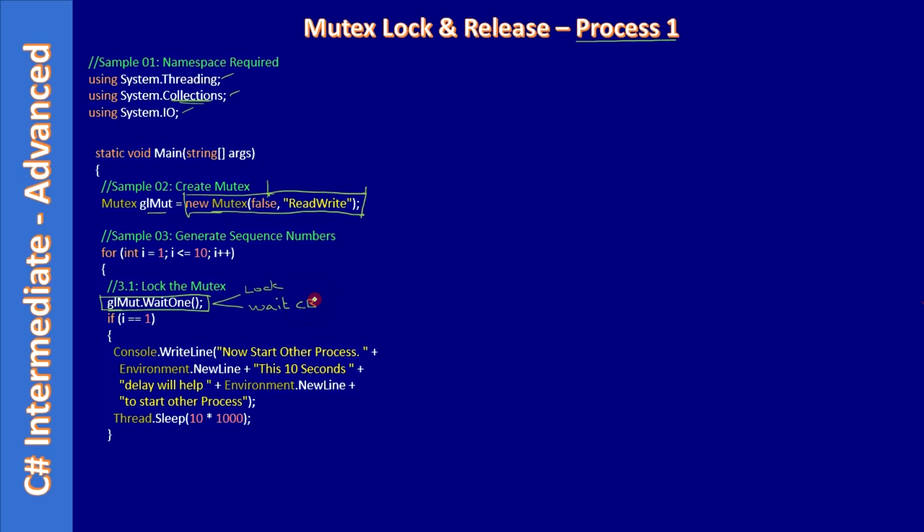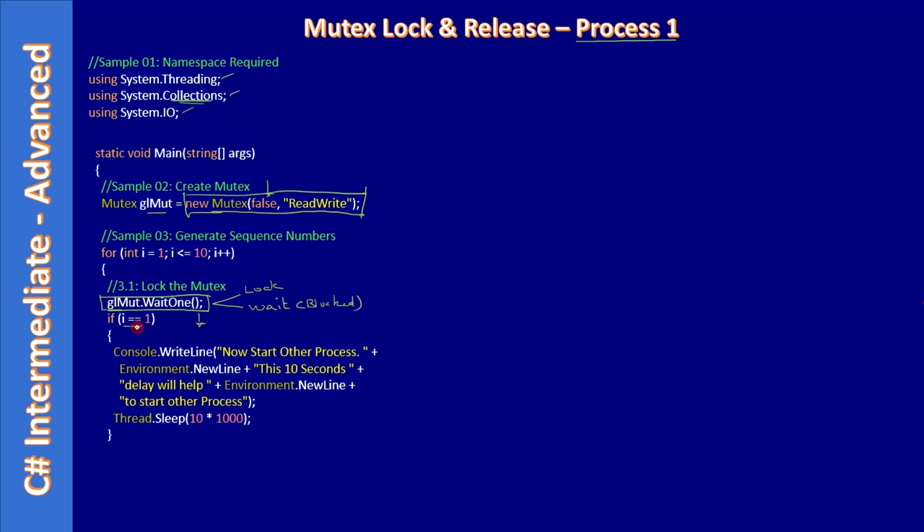That means the process will get blocked on this call. If it was not acquired by any process, then the current thread or the current process will get inside. Even if it waits, when the other process releases, it will get a chance to acquire the lock and the process will enter inside.